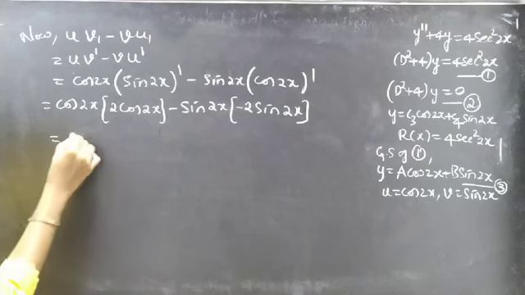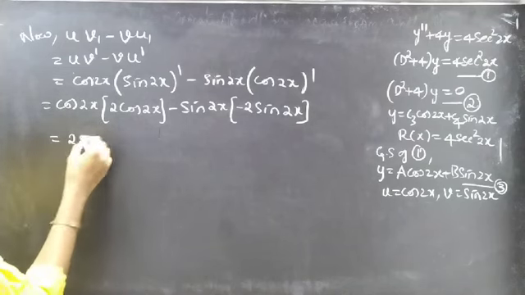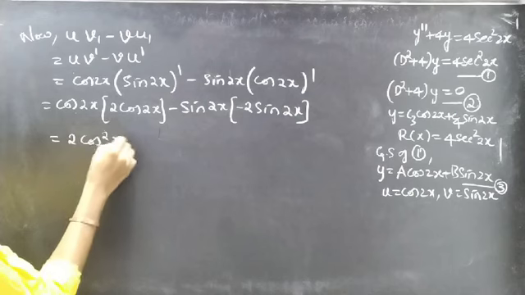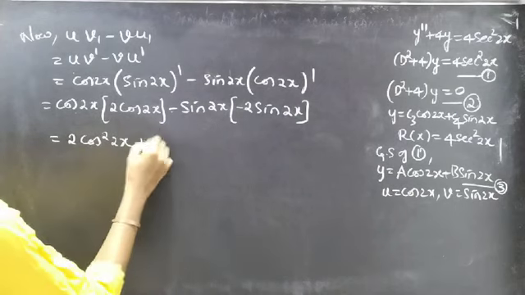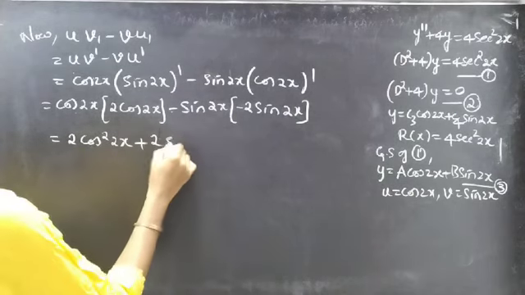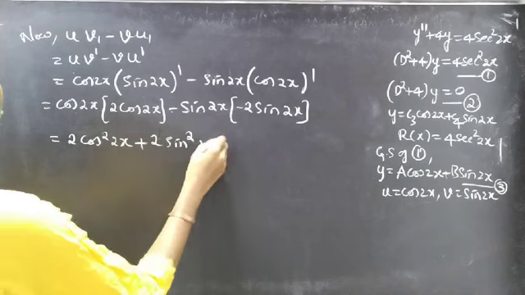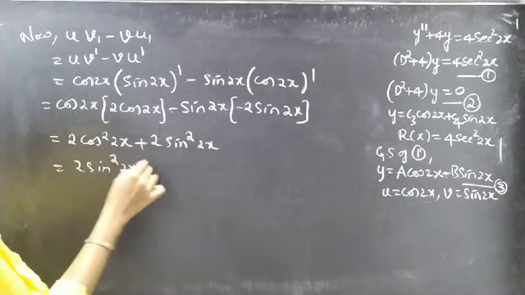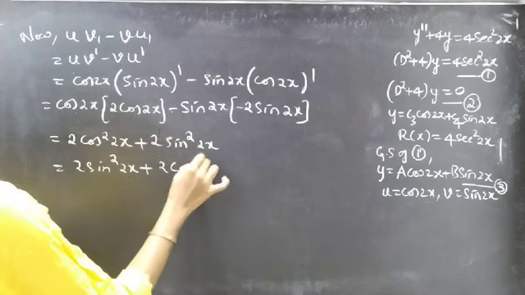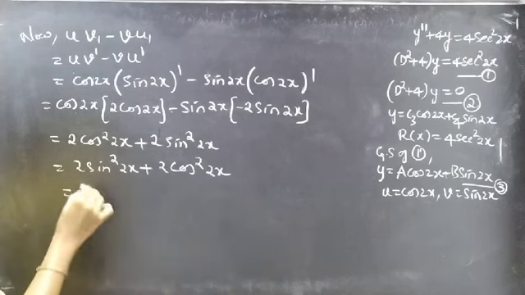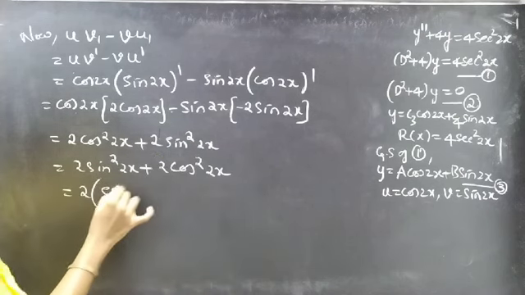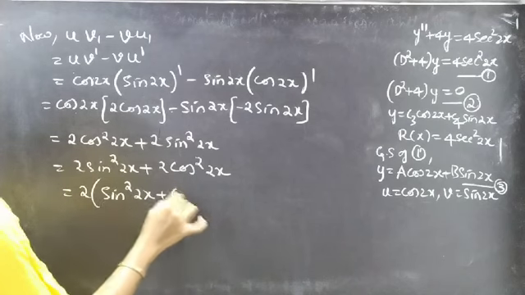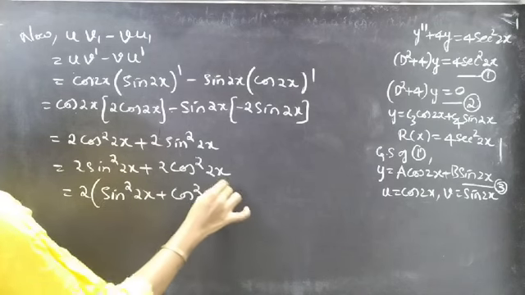This equals 2 into cos 2x times cos 2x, which is cos square 2x, minus into minus plus 2 into sin 2x times sin 2x, which is sin square 2x. Or we can write it as 2 sin square 2x plus 2 cos square 2x. Now take 2 common from these two terms, you will get 2 times sin square 2x plus cos square 2x, right?